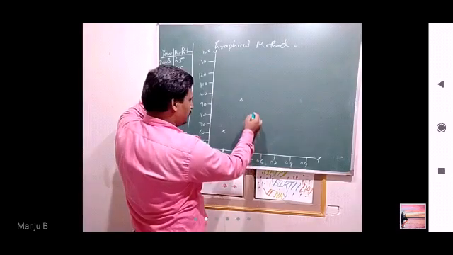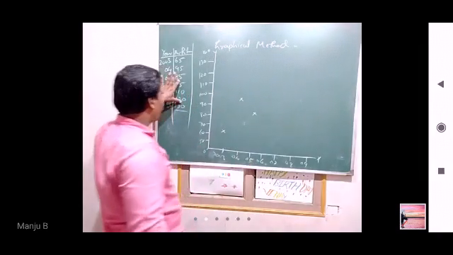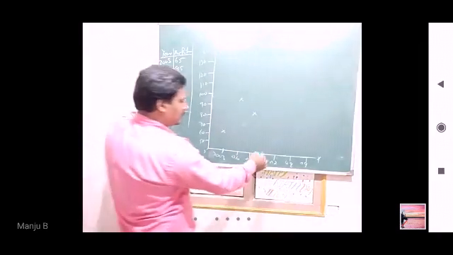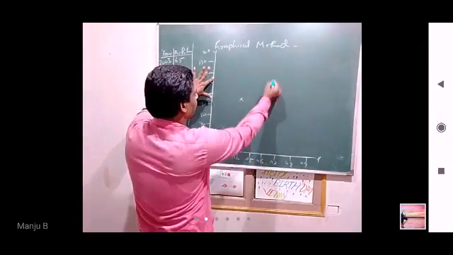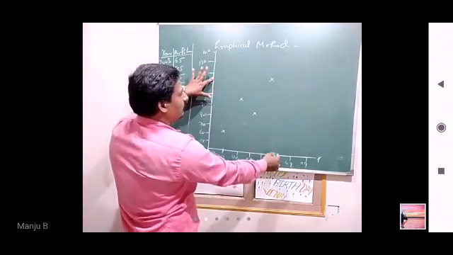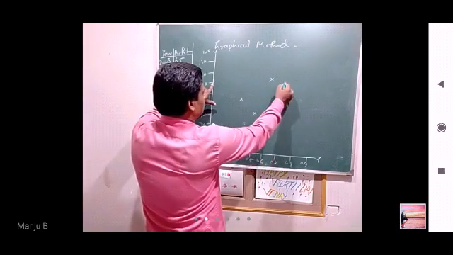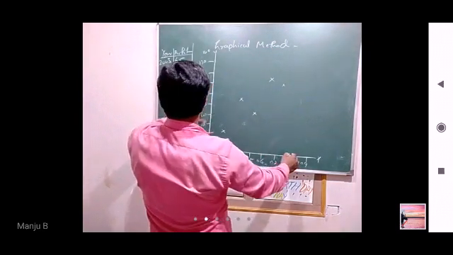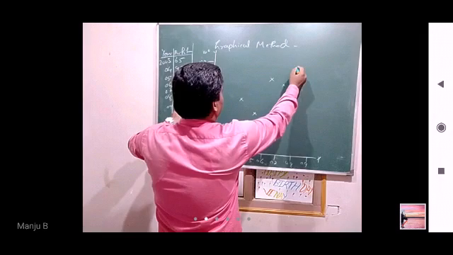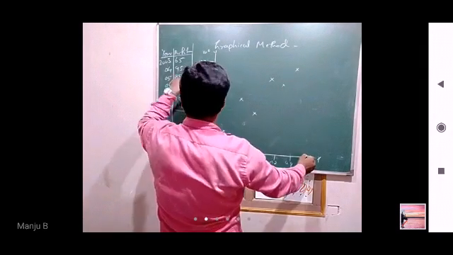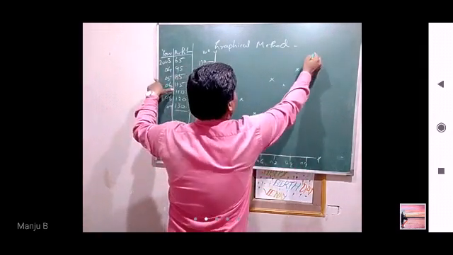So again a decrease here, 85. Then 2006, 115. Then 2007, 110. Next 2008, 120. And 2009, 130.